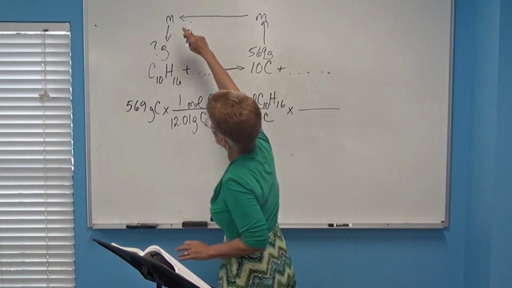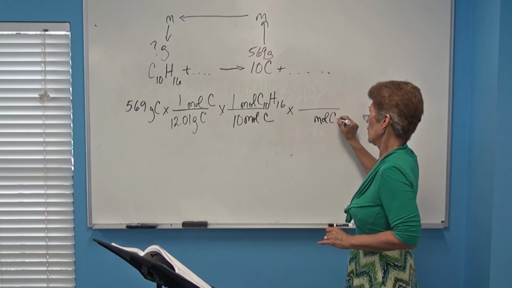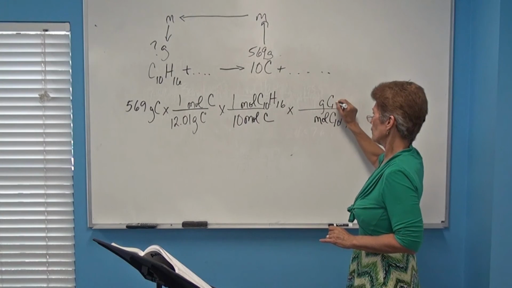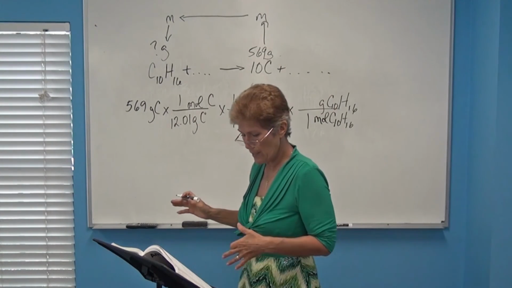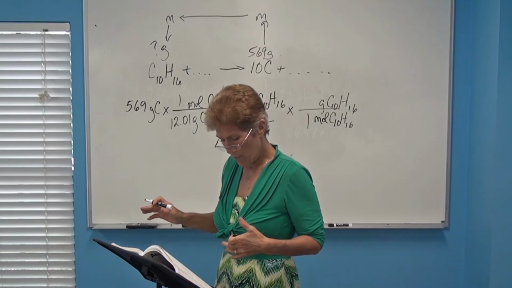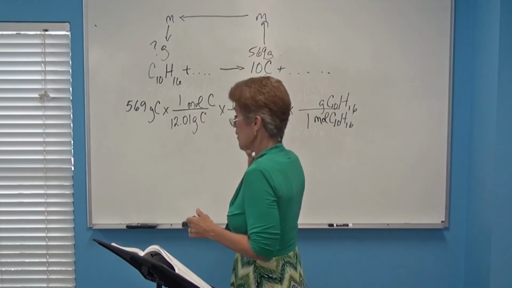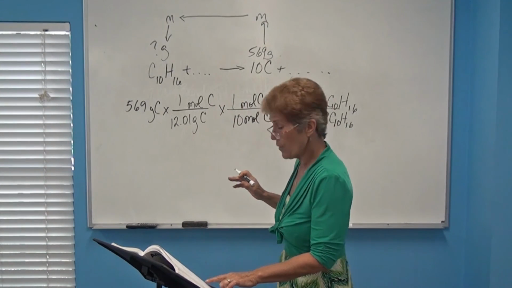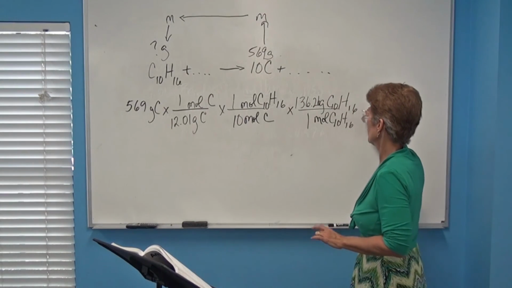And now we're going to go the third step from the moles to the grams. And 1 mole of this, you're going to go 10 times 12.01 for carbon plus 16 times 1.01 for hydrogen. It's going to give you 136.26.